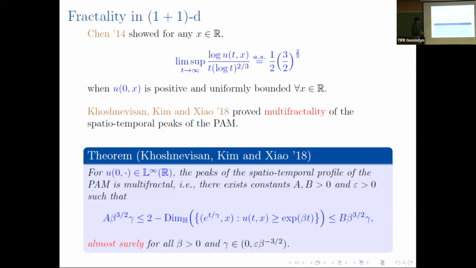To understand the gauge function, you have to take the logarithm of u divided by t. That would give you the choice of the gauge function. What they showed is that this fractal dimension is bounded by two continuous functions of the level that you set, this beta. So for different choices of beta, which are not the same as each other, you get different values of this fractal dimension, and you get infinitely many such different values. That's why it is multifractal.